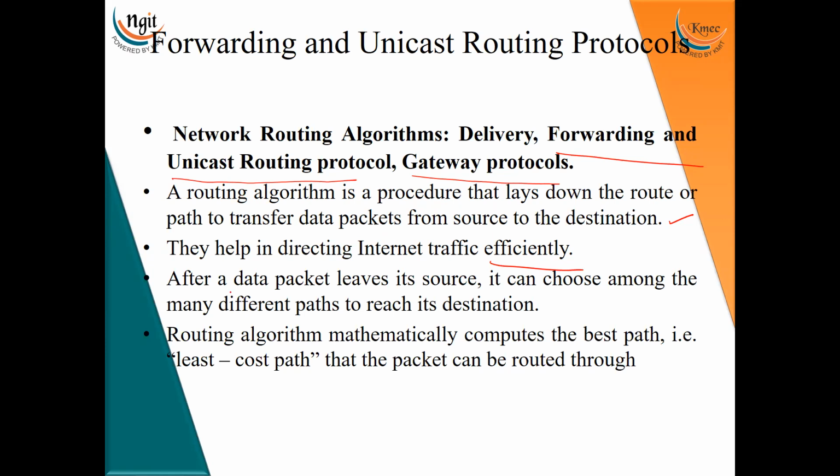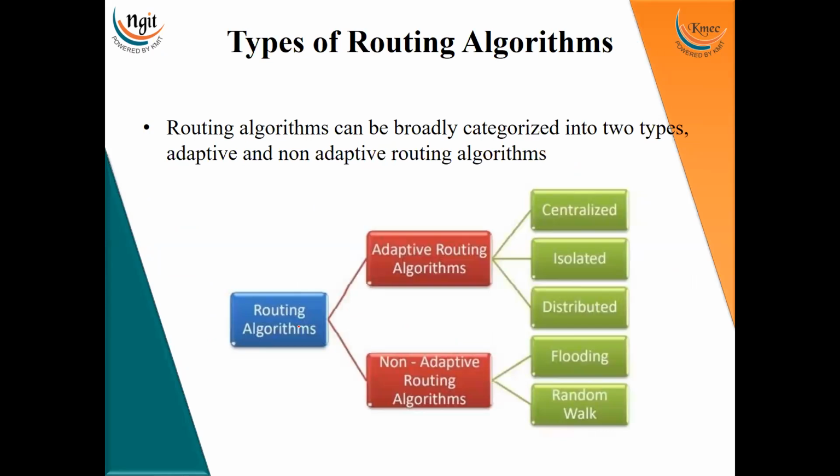After a data packet leaves its source, it can choose among many different paths to reach its destination. The routing algorithm mathematically computes the best path, that is, the least cost path through which the packet can be routed. What are the different types of routing algorithms?